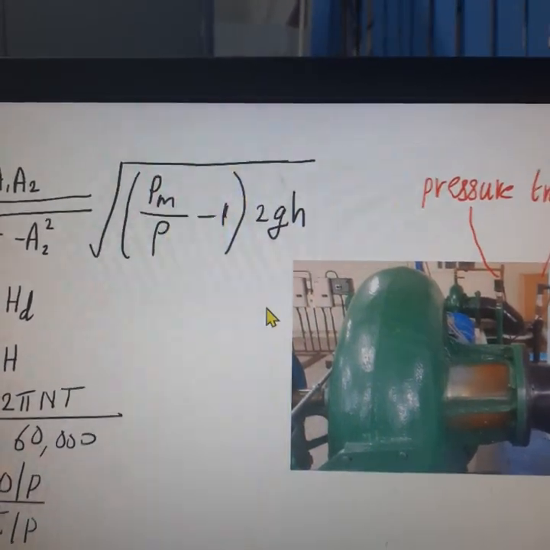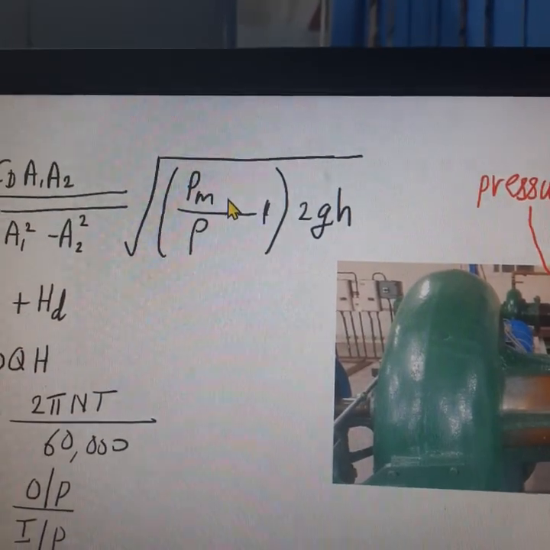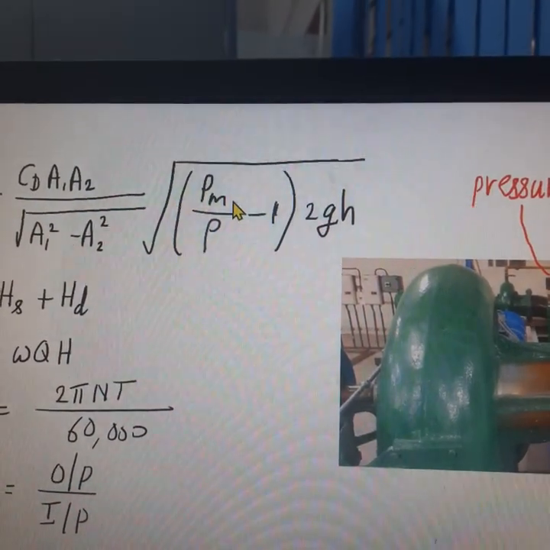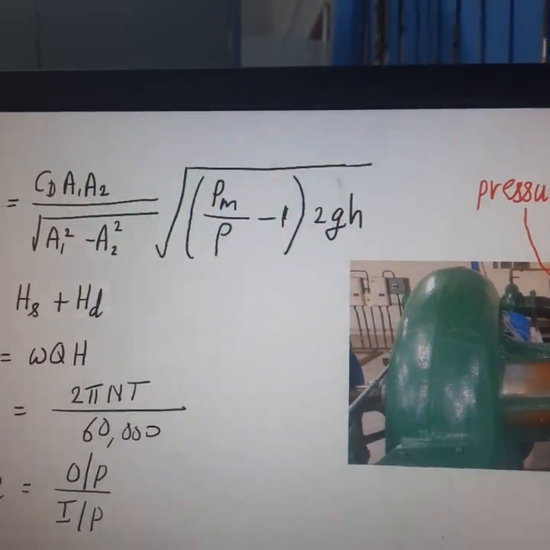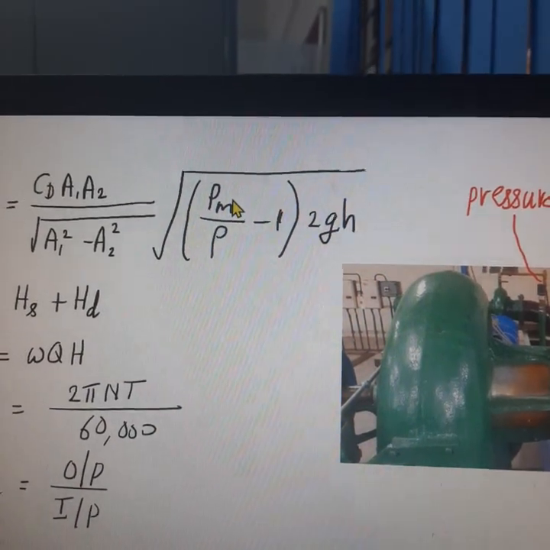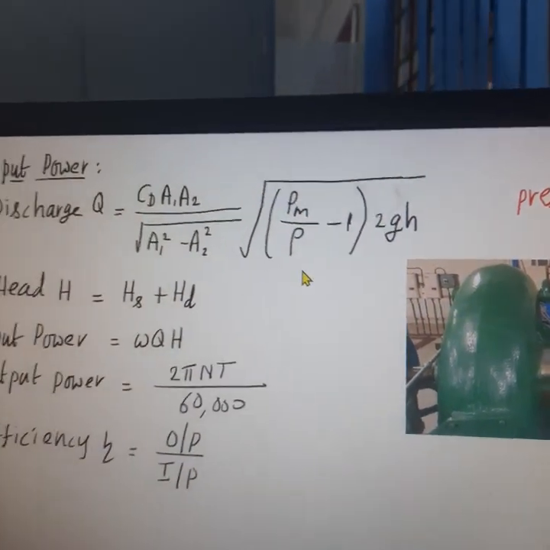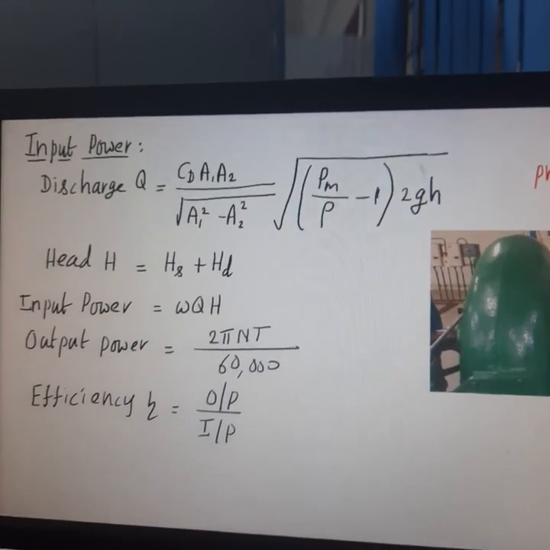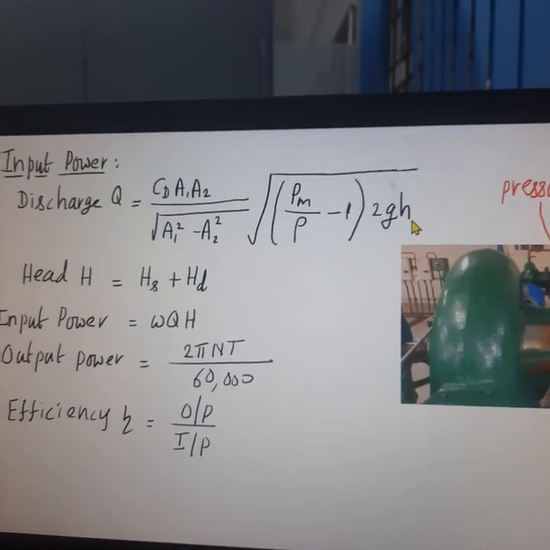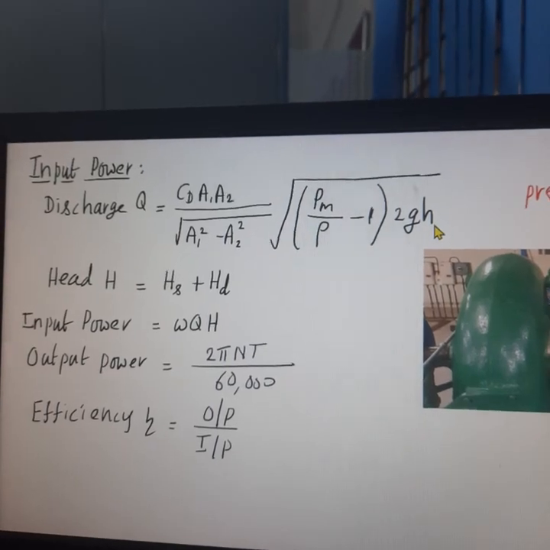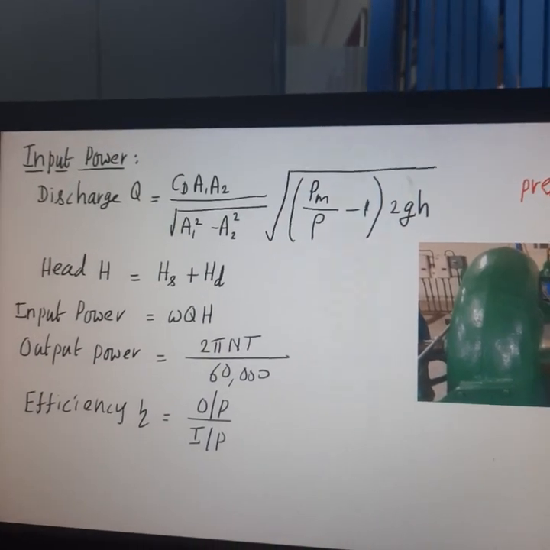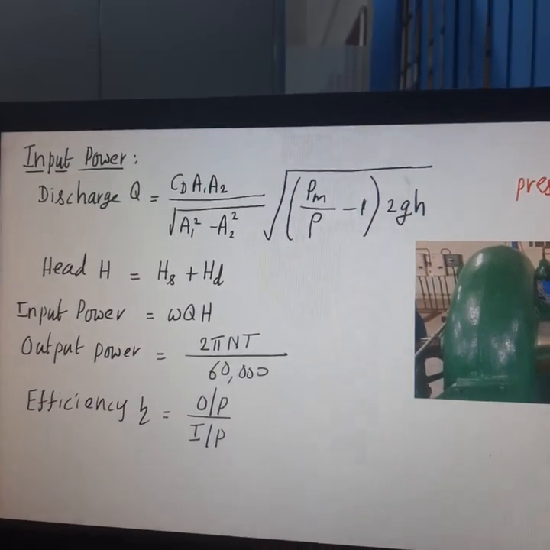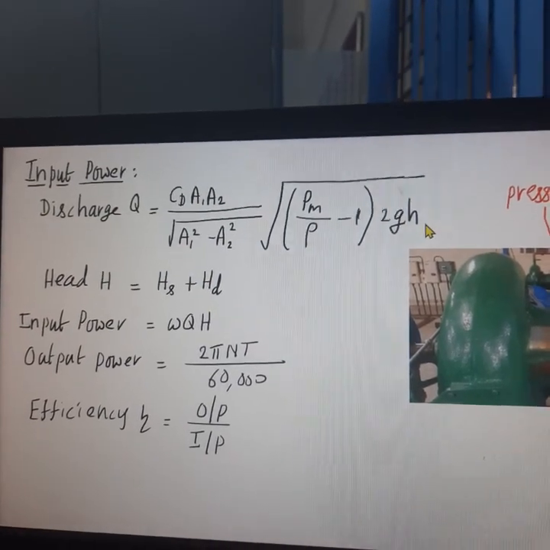So rho m is the density of the manometric fluid. If mercury is the manometric fluid, you have to substitute the density of mercury here, and rho is the density of the flowing fluid, and H is the level difference of the manometric fluid in the manometer. So that is the H.